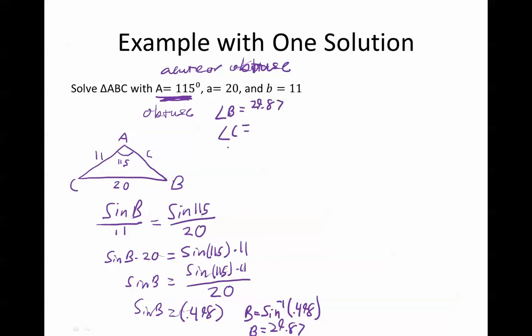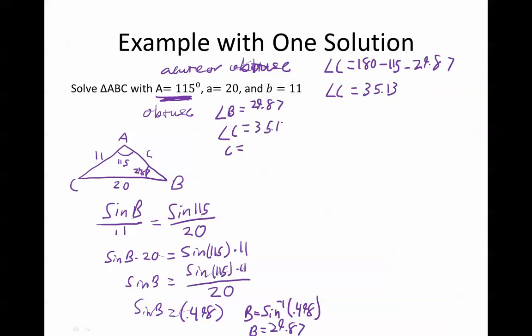Still looking for angle C and side C. Well, the good news is that if this is 29.87, then I can now find angle C, because interior angles of a triangle are going to add to be 180. So angle C is 180 minus 115 minus 29.87. And that comes out to be 35.13.